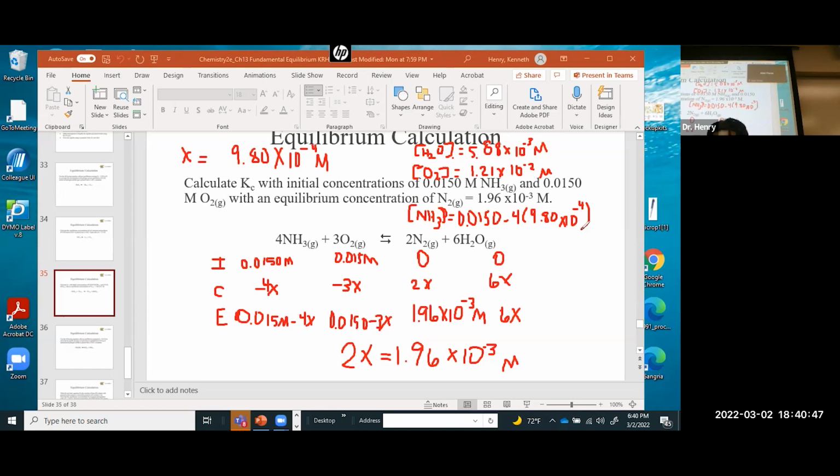That's 0.0111 molar. Okay. So then my Kc is going to equal. So what's going to be the expression for my Kc?